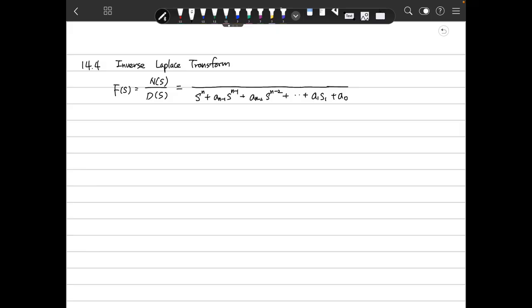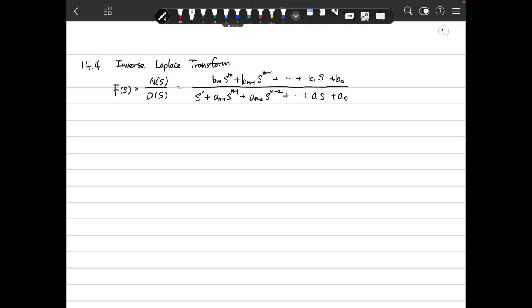The numerator will be b_m s^m + b_(m-1) s^(m-1) + ... + b_1 s, I'm missing this s, and b_0. This will be a very general form of the Laplace transfer function.